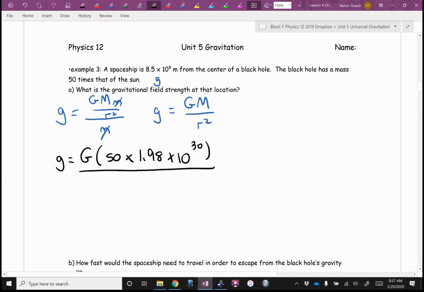Chad, that 8.5 times 10 to the 9th meters, is that an altitude or is that measured from the center? So I don't need to add any, which is good because they didn't give me the radius of this star. Okay, 8.5 times 10 to the 9th. Don't forget the squared. I'm expecting an answer bigger than 9.8 because black hole.